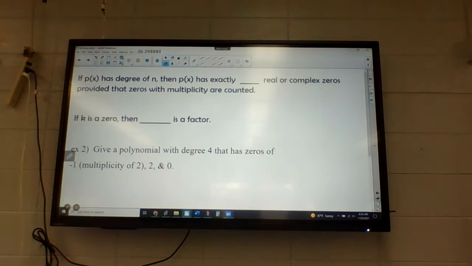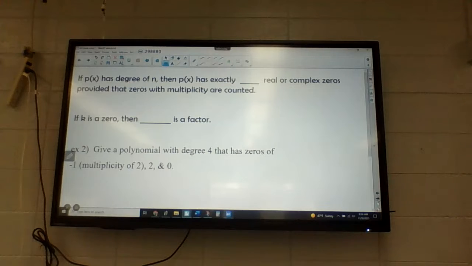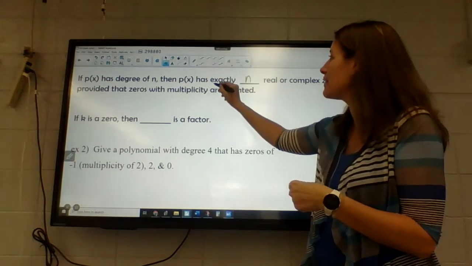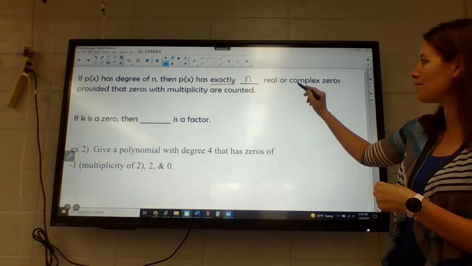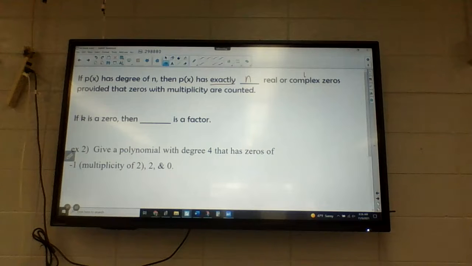So if the polynomial has a degree of n, we talked about how many zeros it would have previously, and we'd say at most however many zeros, because before we hadn't talked about imaginary. So if it's a degree of n, it has exactly n real or complex zeros. This could also be imaginary zeros.